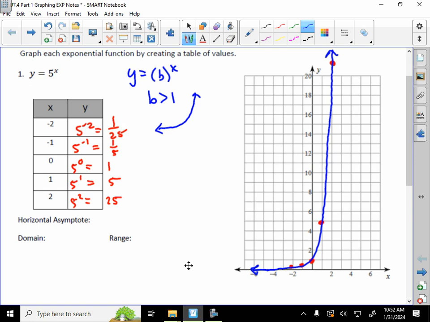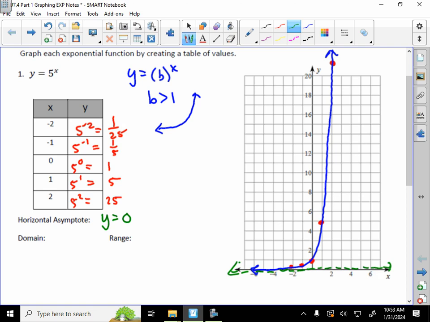Now, there's a horizontal asymptote that's going to occur on the x-axis. So it's like a boundary line that the graph gets close to. Here, that's the x-axis. And it's not going to touch it, it's not going to cross it. And so in this case, if we're writing the equation of this asymptote, it's going to be y equals 0.